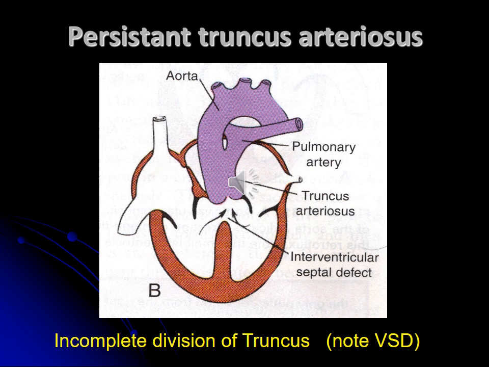So the beginning may be fused, that is aorta and pulmonary trunk come together as a single vessel, which later may get separated. So there is a contamination between the oxygenated and deoxygenated blood, and this is called PTA, or persistent truncus arteriosus. Understandably, it is the embryological stage where it is a common tube which should have separated into two great arteries, but it didn't due to some problem, but there is always a VSD.